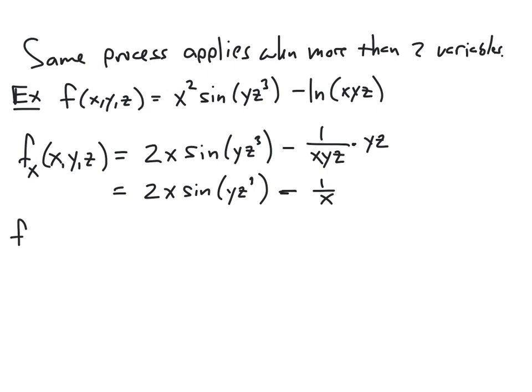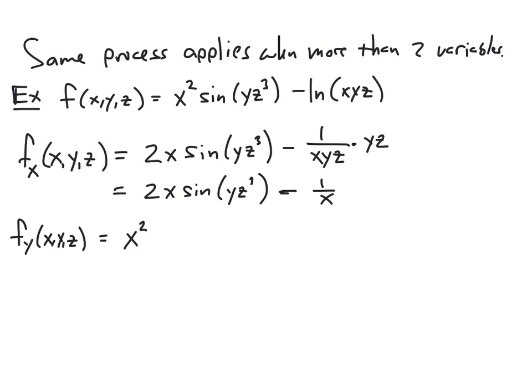So now let's look at the partial derivative with respect to y. So now we're going to think of x and z as fixed quantities and think of y as our variable. So for the first term, x squared is a constant, so we're going to just keep the x squared intact. But now sine of yz cubed has the variable y involved.